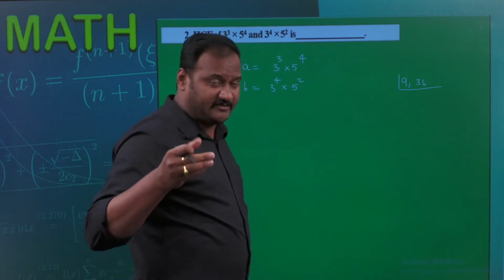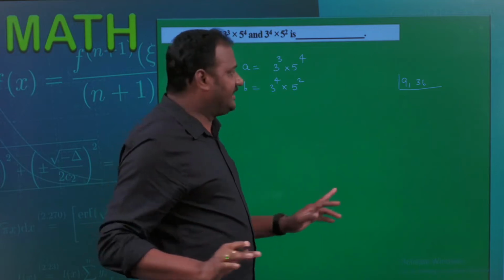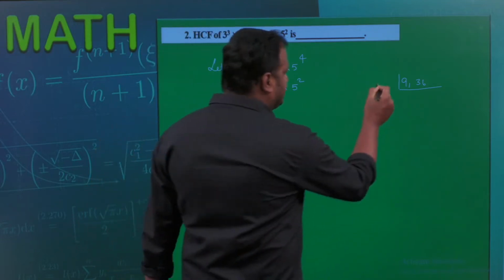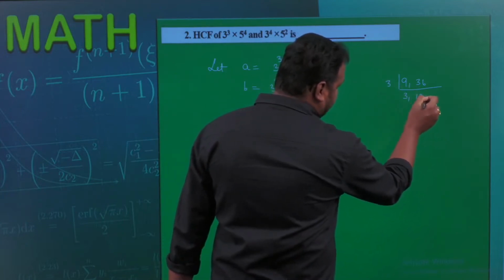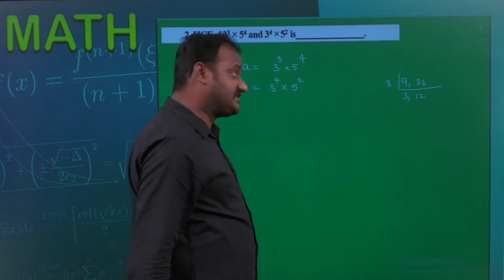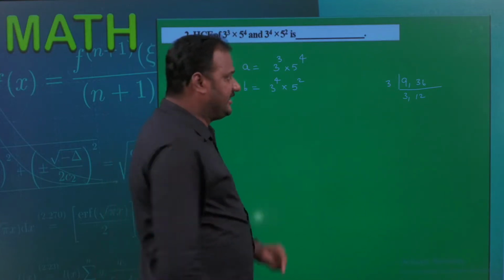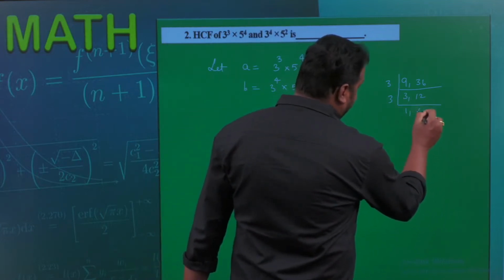If you can identify what is the highest one, you can do it. Suppose I do not know, then I will see 9 and 36 both are divisible by 3. Yes. So 3 3s are 9 and 3 12s are 36. But still 3 and 12 can be divisible by 3. So I will go by 3 again. So 3 1s are 3, 3 4s are 12.